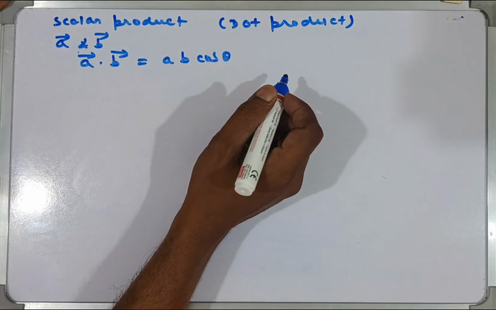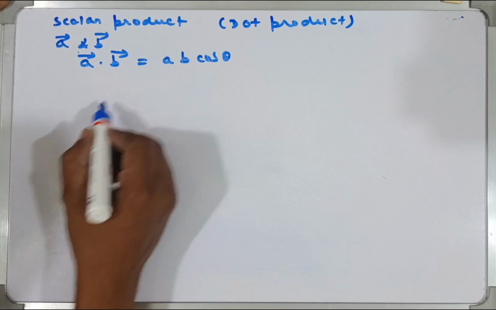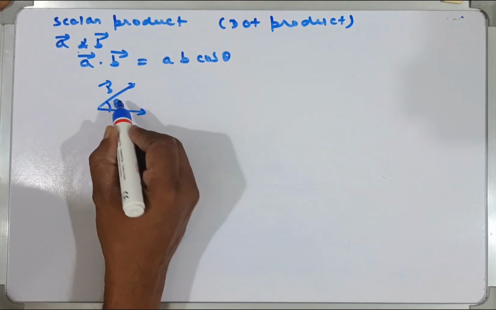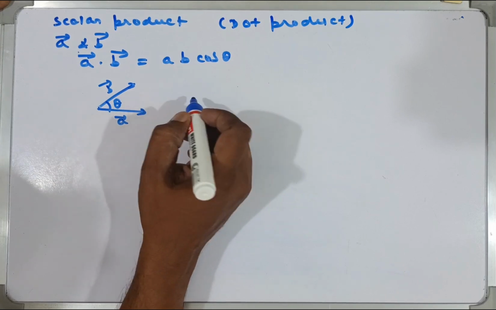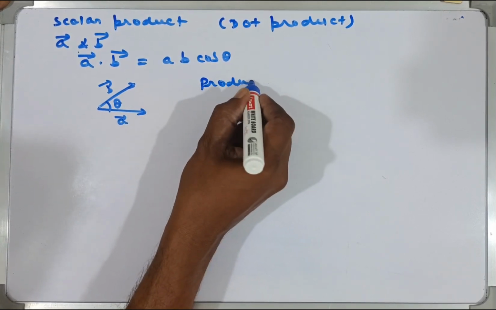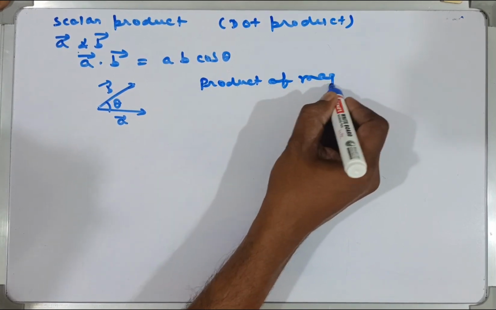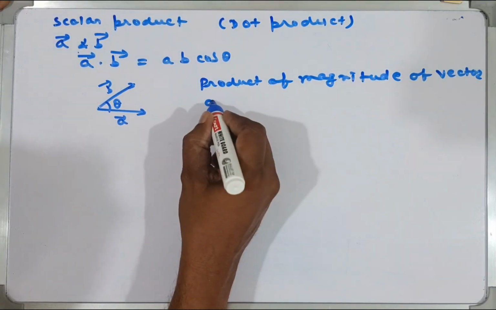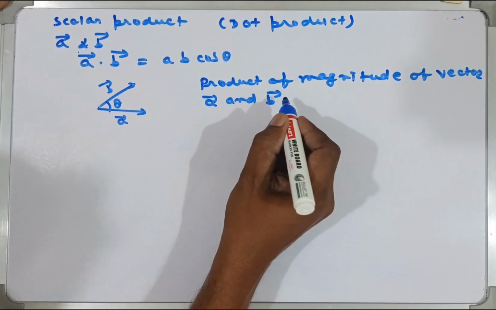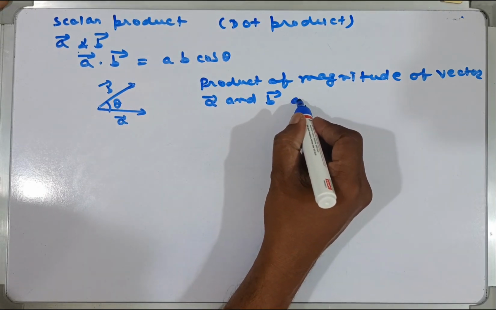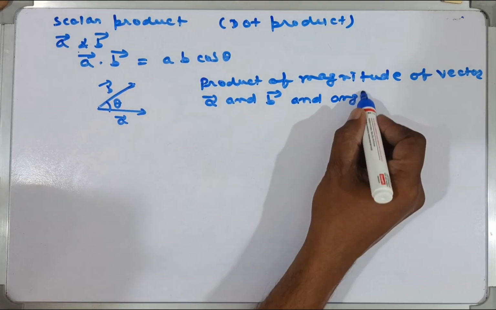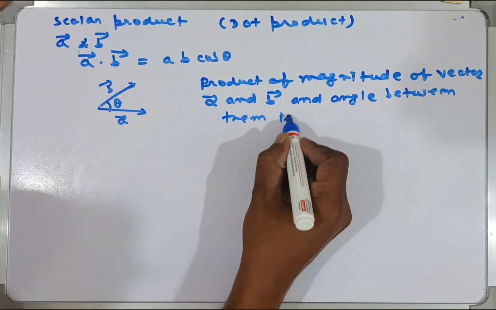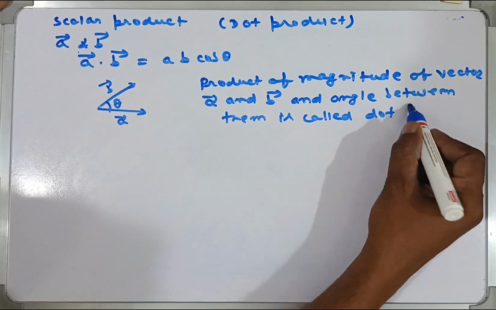Okay, so you can say here, if a and b are two vectors making angle theta, then the product of the magnitude of vector a and b and the angle between them is called the dot product.